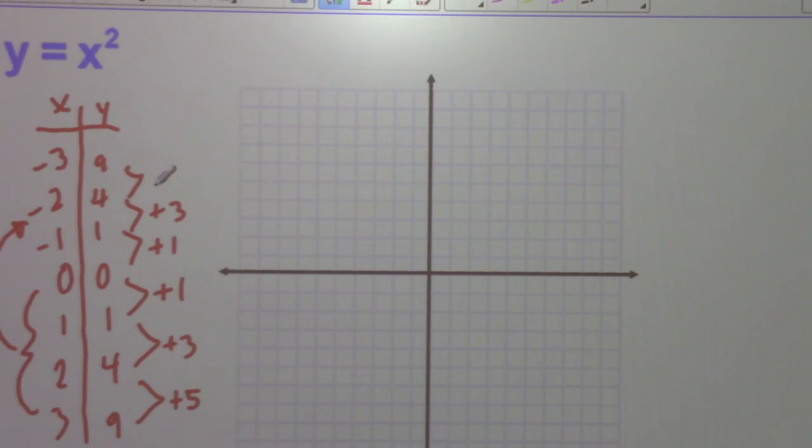You see that? Okay, and this can help us in sketching the graph of this function: we can go to 0, 0. We have 1, 1, 2, 4, 3, 9.